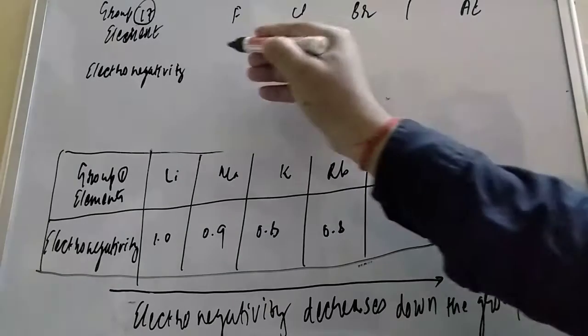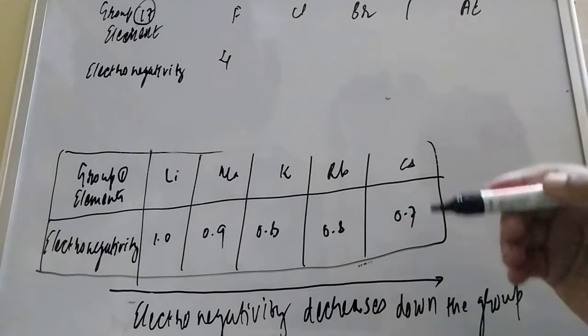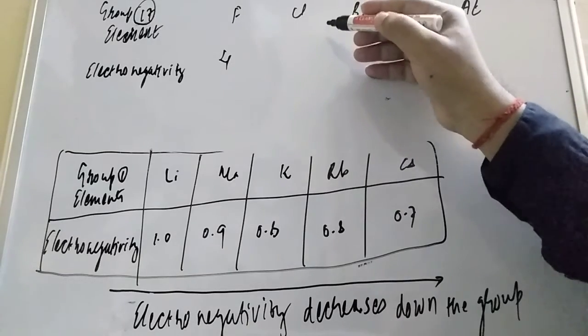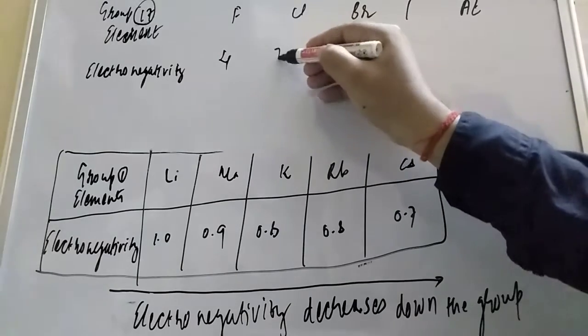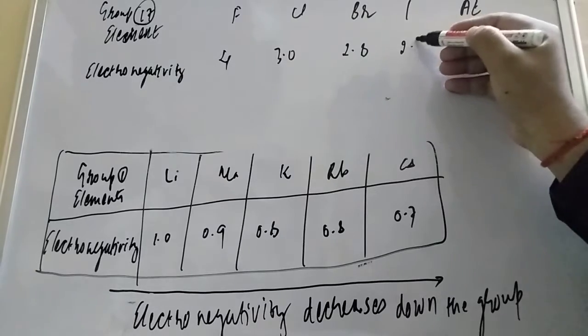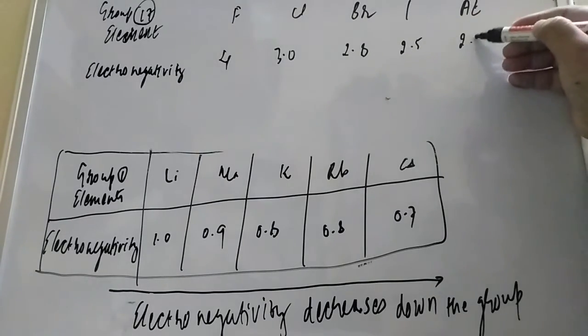Fluorine is the highest electronegative atom, and the Pauling scale gives it the value 4. Chlorine is 3.0, bromine 2.8, iodine 2.5 and astatine 2.2.